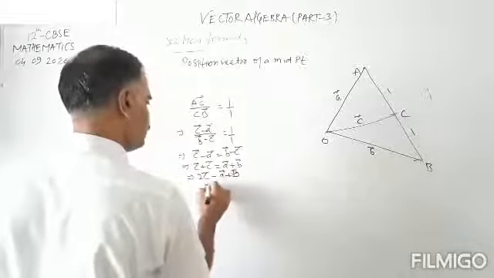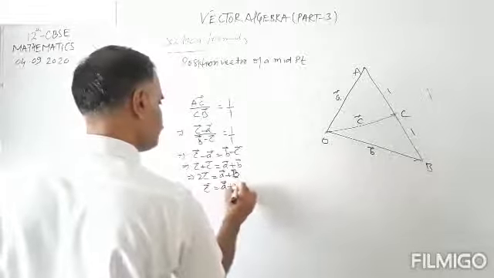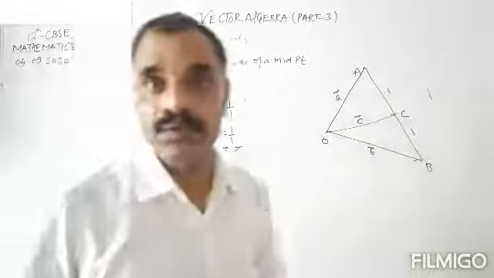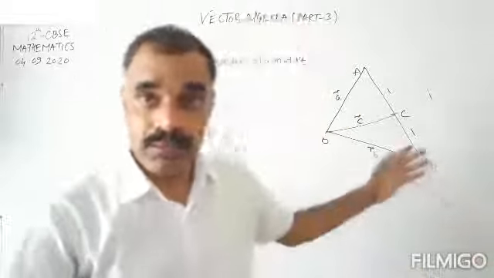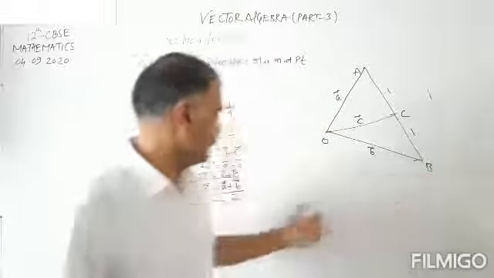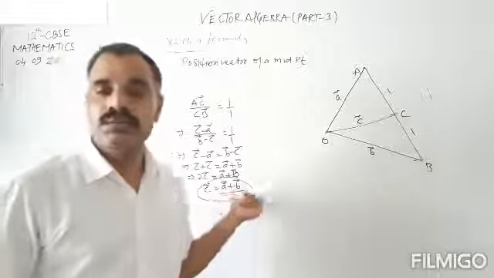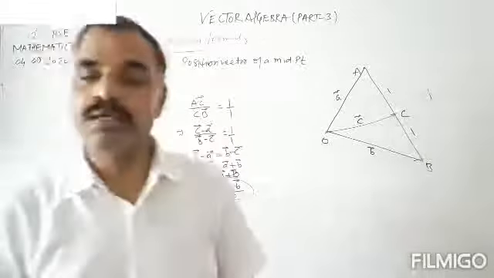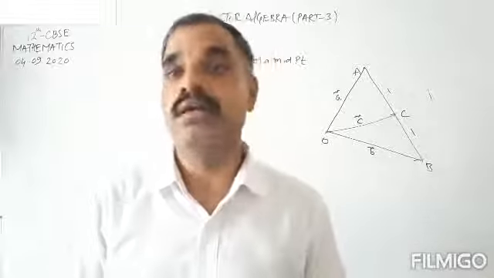So C vector equals to A vector plus B vector divided by 2. Okay. If C is the midpoint of line segment AB, then its position vector C vector is equals to A vector plus B vector divided by 2.